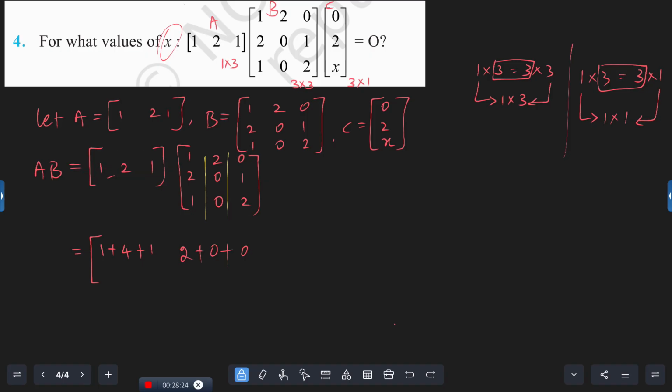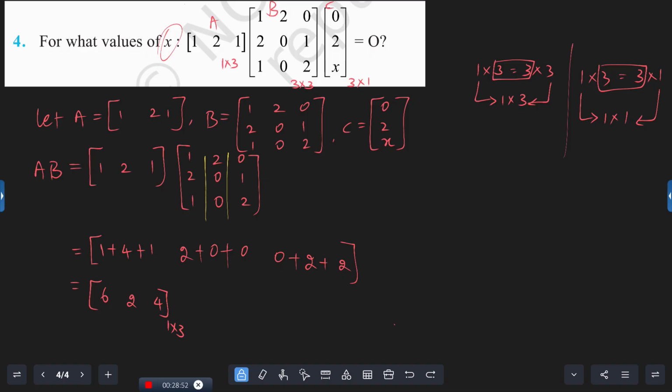For the third column you have to leave a gap. So 1 into 0, 0, plus 2 into 1, 2, and 1 into 2, 2 again. This is my required product of the matrix. So after adding, I am getting 6, the middle element will be 2, and that will be 4. This is my 1 by 3 matrix.